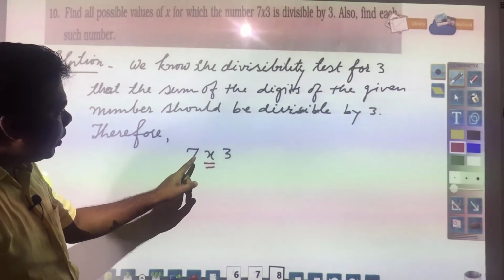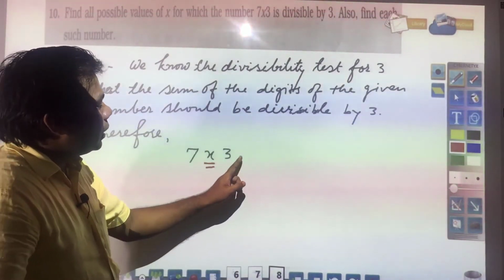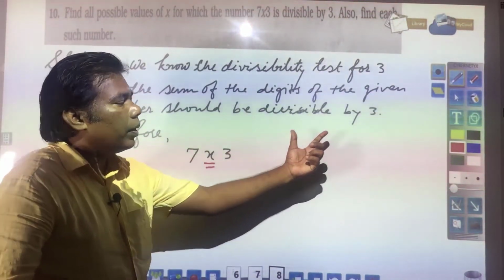If you are adding 7 plus x plus 3, that sum must come as a multiple of 3.